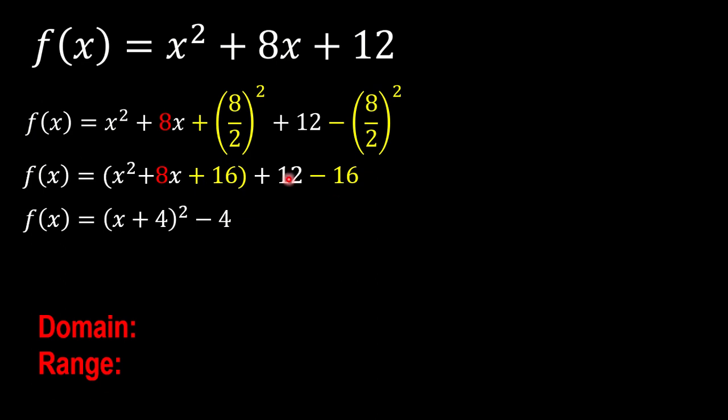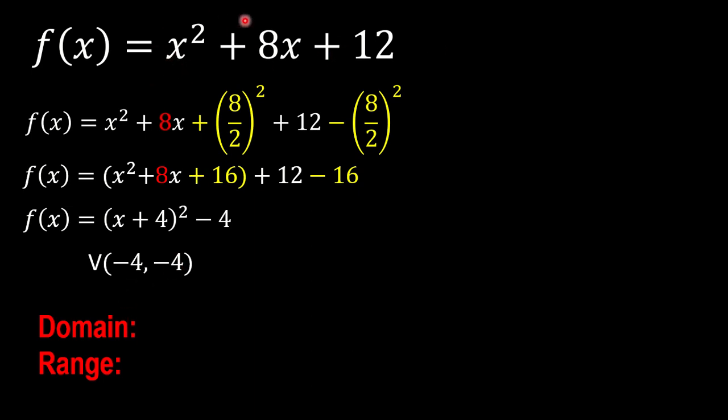And then 12 minus 16 is simply negative 4. So we now have the vertex, negative 4 comma negative 4. The vertex of this quadratic function is negative 4, negative 4.